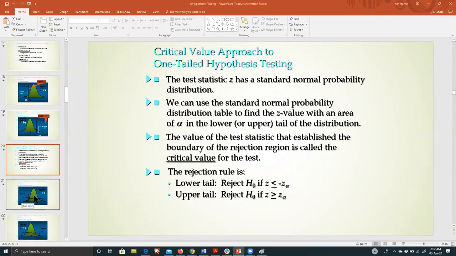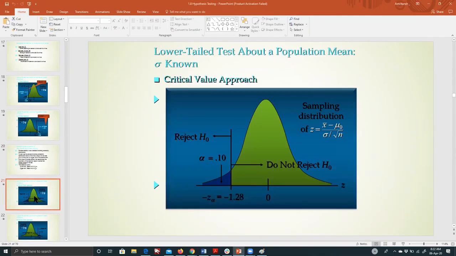So this is how it's going to look, okay?